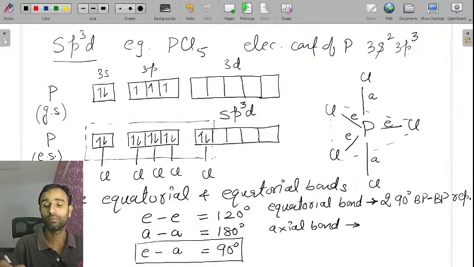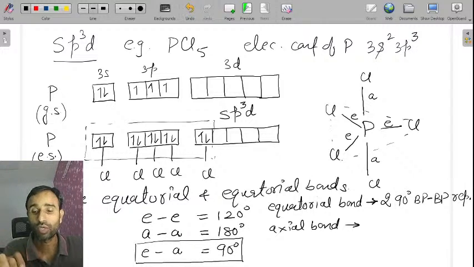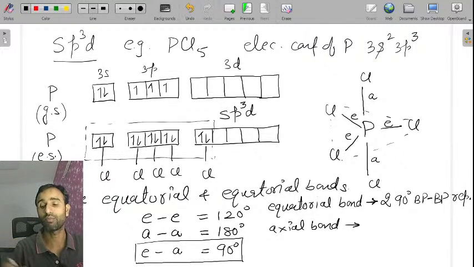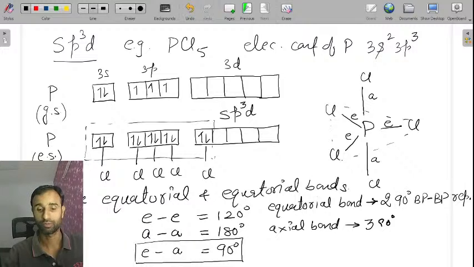For an axial bond, how many equatorial bonds are there at 90 degrees? 3. For each equatorial bond, there are 2 90 degree bond pair repulsions, and for an axial bond, there are 3 90 degree bond pair repulsions. Right?